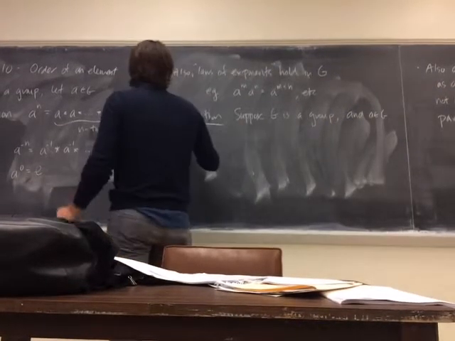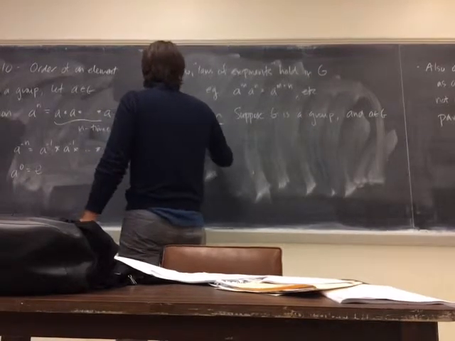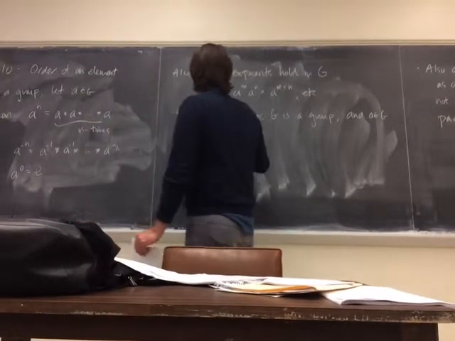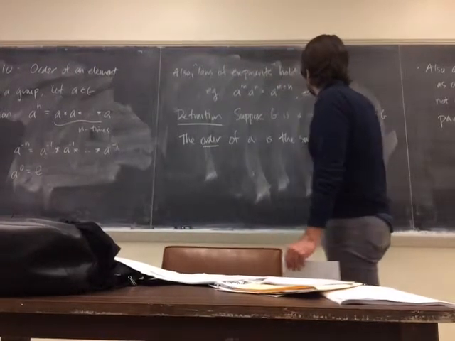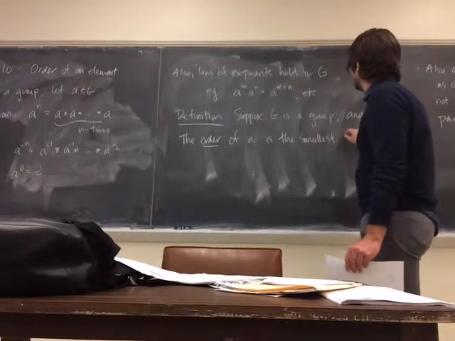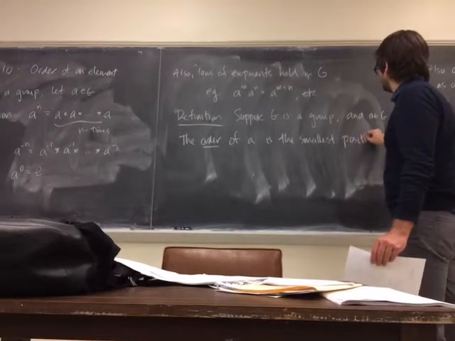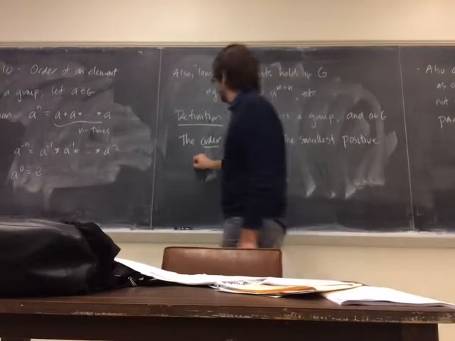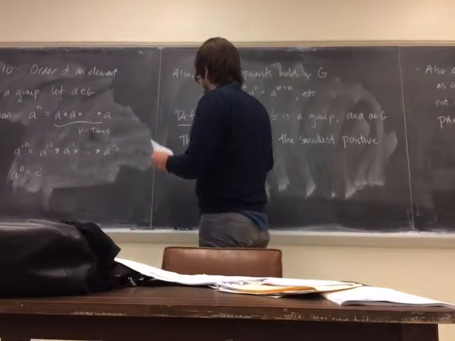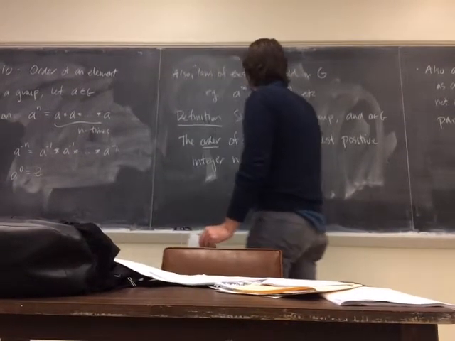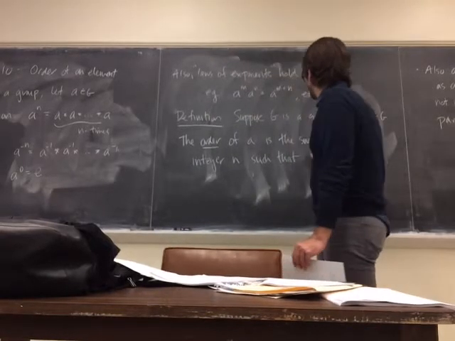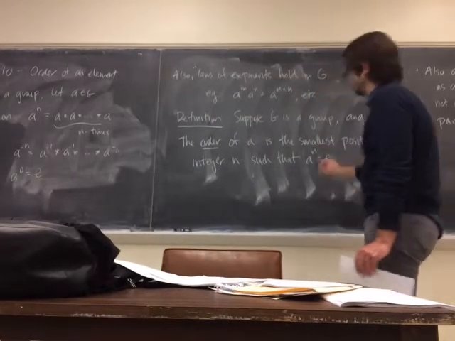So the order of a, of the element a, is the smallest positive integer, let's say n, such that a to the n equals e.